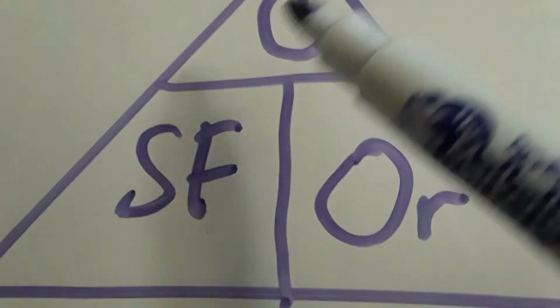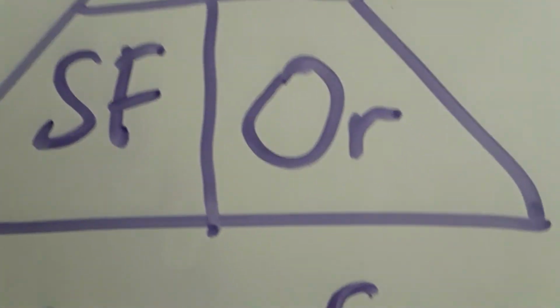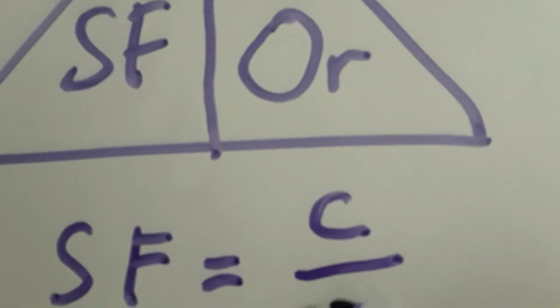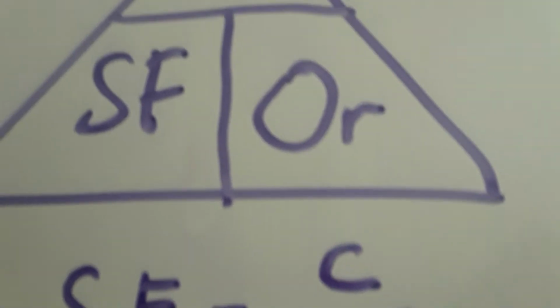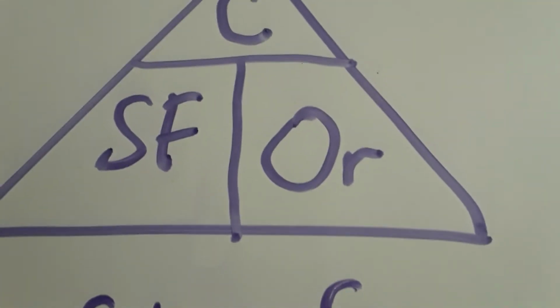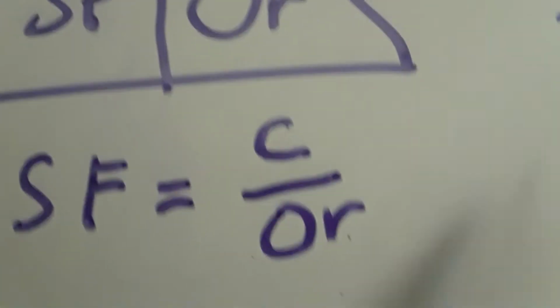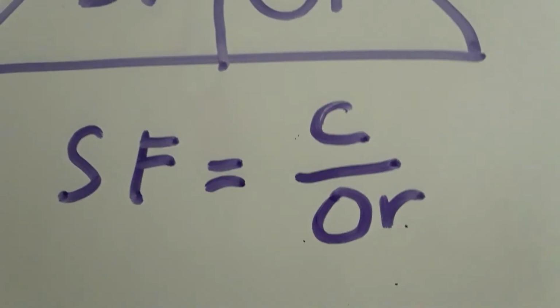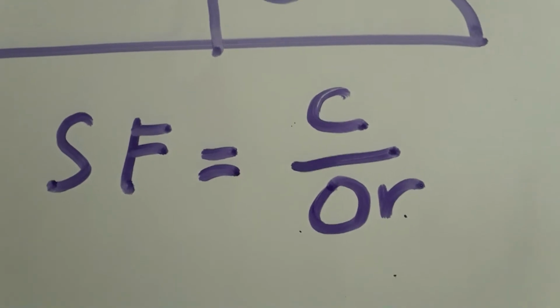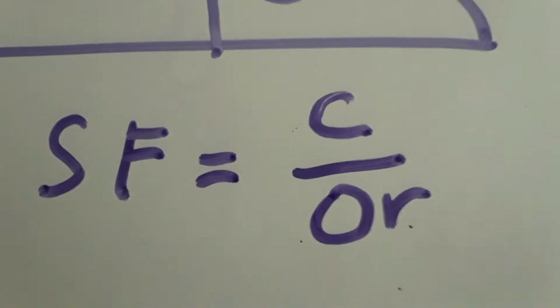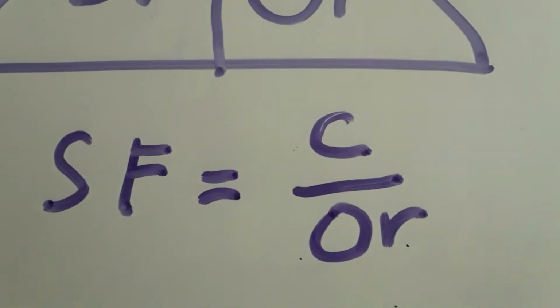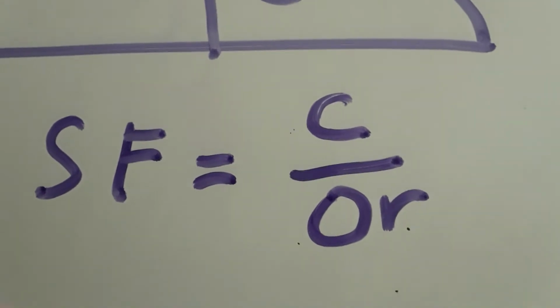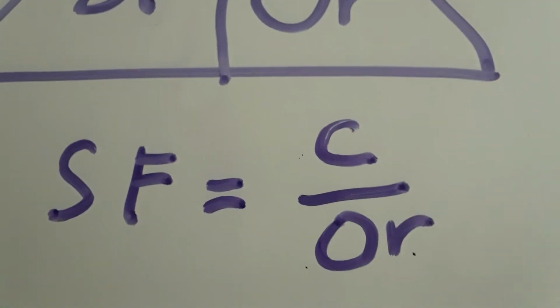So scale factor is copy divided by the original, OR. So that's how you end up with that formula, which again is the same thing as my formula, except I use SC for scale diagram, and I use O instead of OR for original.